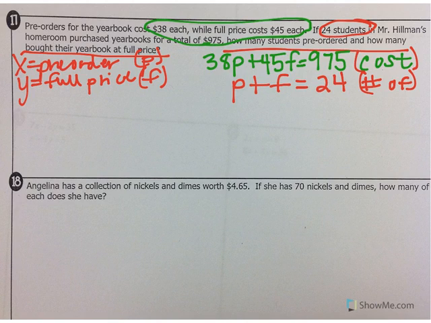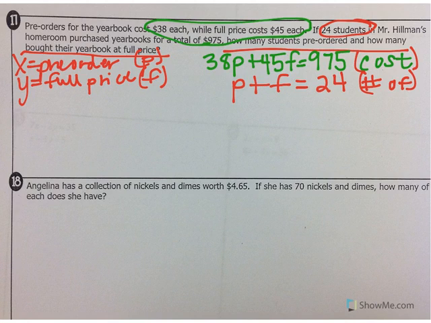P and F and 24 are all numbers. So this is how many. This is not how much. We already know how much the P is worth. It's worth 38, but we don't know how many. How many pre-orders do we have? F is full price. We know how much the full price is, but we don't know how many. Okay, so that's what we're going to figure out.